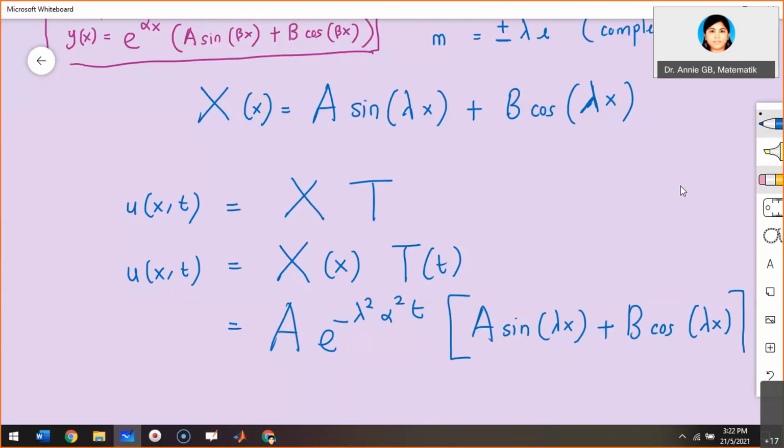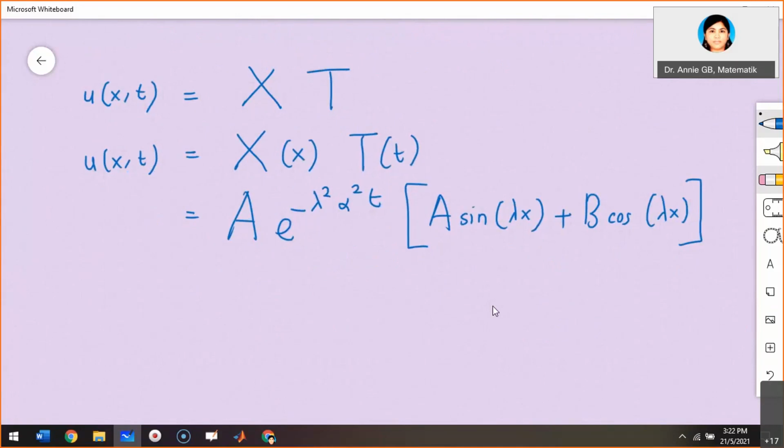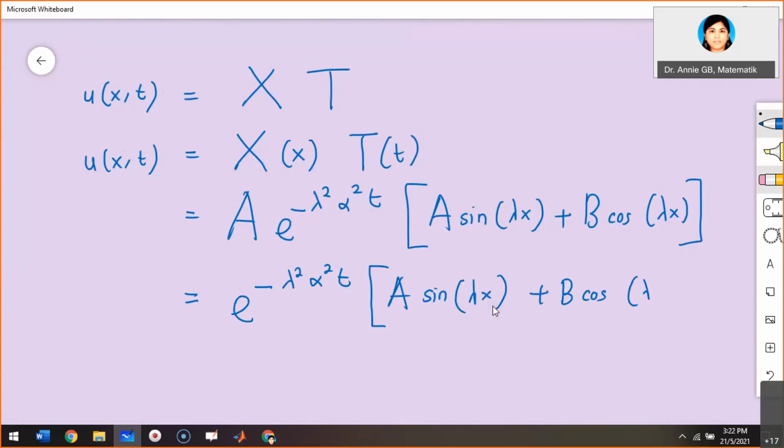Now, this is why I say constant tadi kita boleh abaikan lah sebab there's no way writing two constants like this. Okay, so the right way to write this is exponent negative lambda squared alpha squared t hanya ada untuk sini saja. A sin lambda x plus b cos lambda x. Okay, so this is my solution pattern.